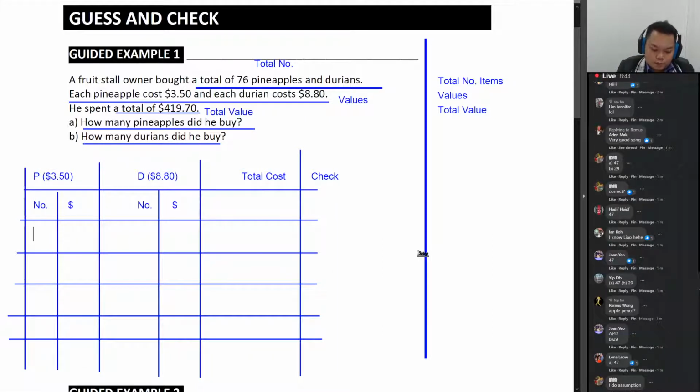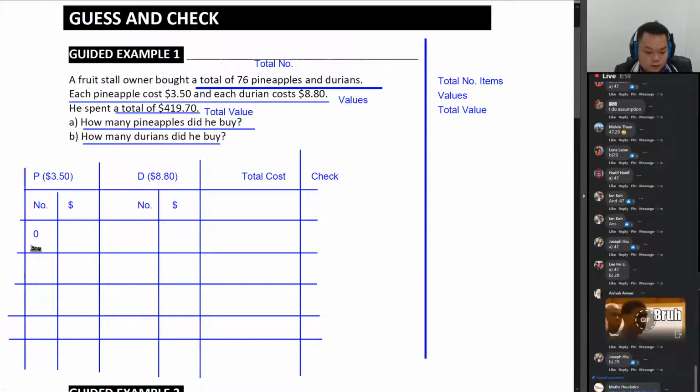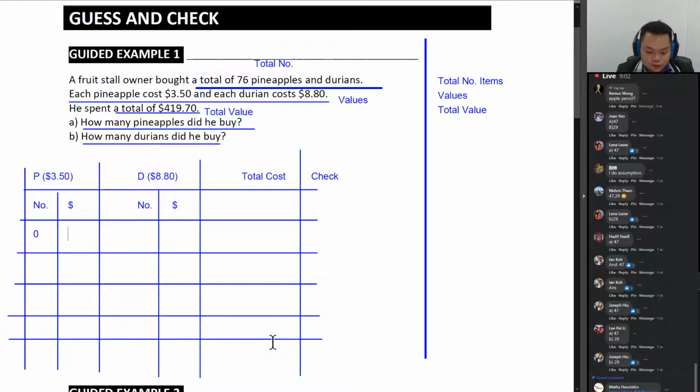So to solve this problem, what I'm going to do is I'm going to go quite extreme. I'm going to say that there are 0 pineapples at first, then this will be 0 over here.